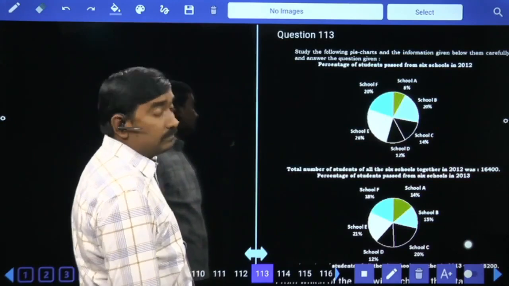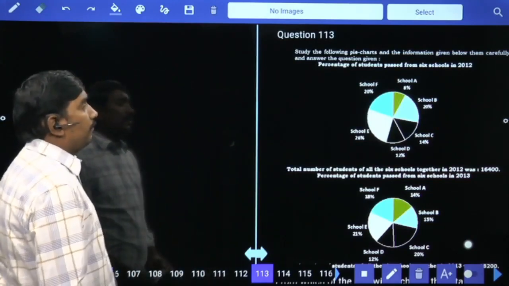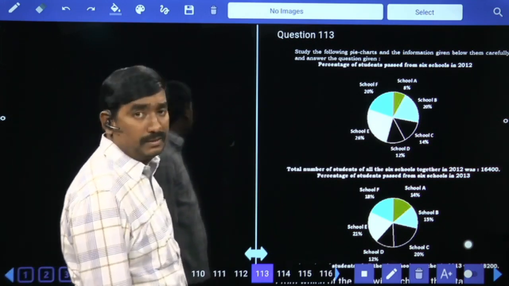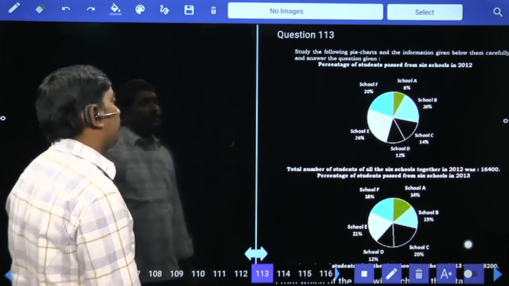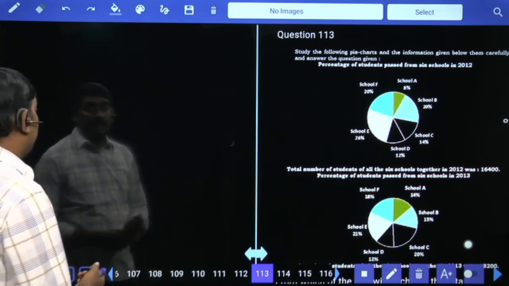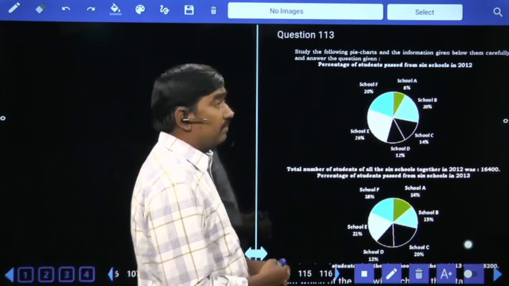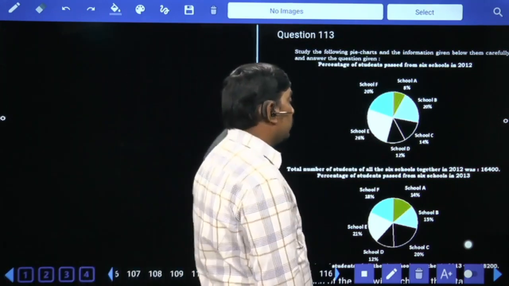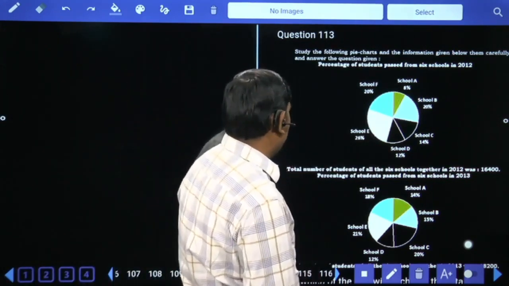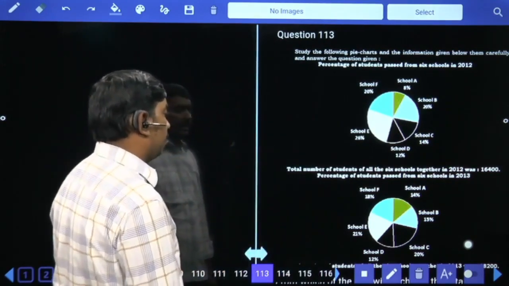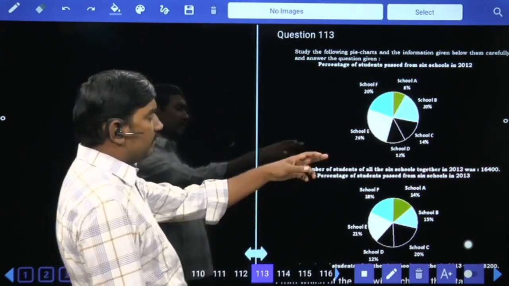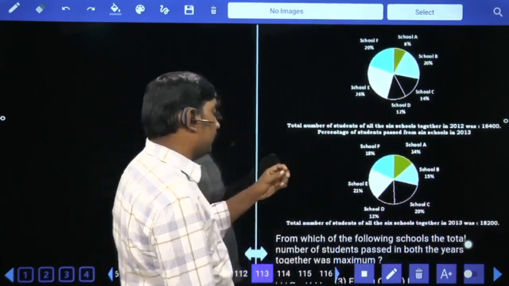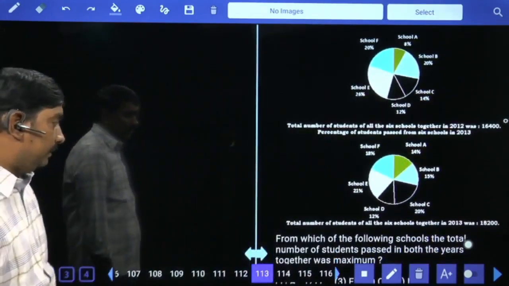Next. Study the following pie chart and answer the questions given below carefully. It shows the percentage of students passed from 6 schools in 2012: schools A, B, C, D, E, F. The total number of students of all 6 schools together in 2012 was 16,400, and in 2013, 18,200.